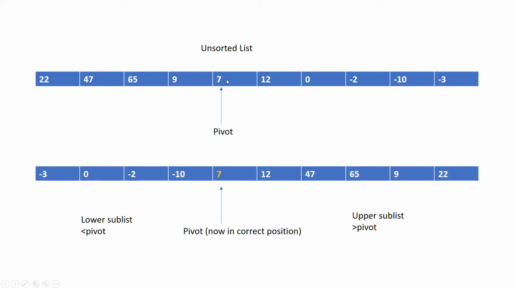Up top I have my unsorted list containing integer values in no particular order. Of these values, I take the middle position, number 7, as my pivot. After going through the quicksort algorithm one time, I find that my number 7 is conveniently in the middle, and these values here are all less than the pivot, and these values are all greater than the pivot. Since the values in the lower sublist and upper sublist are not in order, I will have to use recursion.